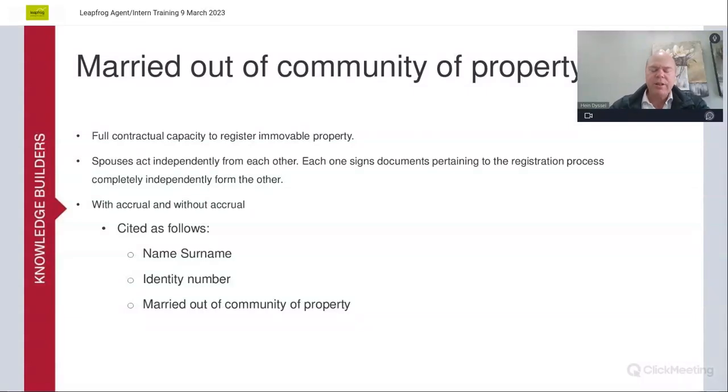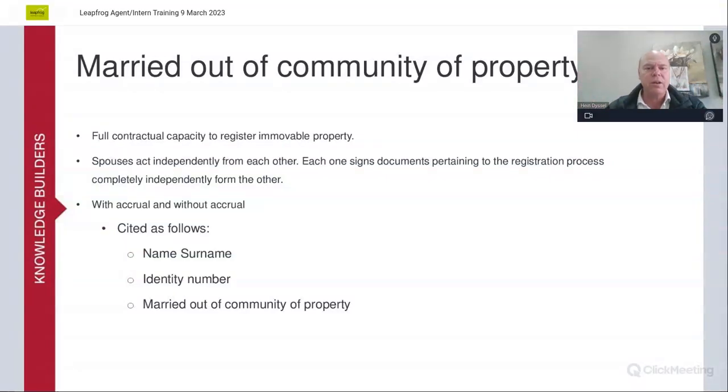So each party, if you are married out of community of property, has his and her own estate. So you operate separately. You're not seen as one person like a marriage in community of property. If you're married out of community of property, you do your thing. You buy, you sell, you do whatever you want to do.